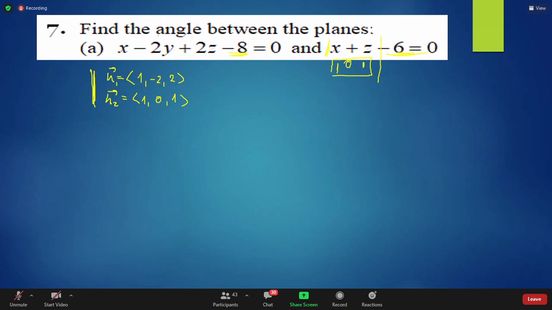So the angle: the cosine of the angle was, remember, the scalar product of the two vectors, which is a number, divided by the magnitudes of the two vectors.